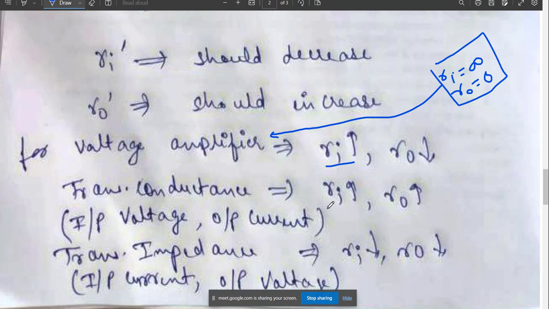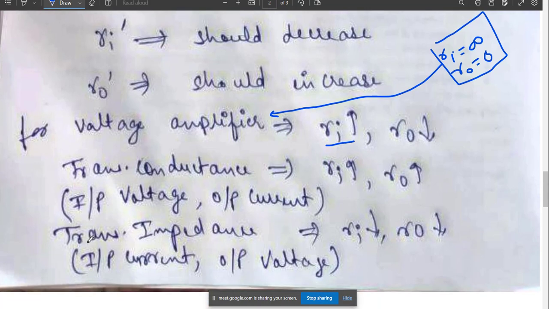Similarly, like the voltage amplifier, there are different amplifiers like the transconductance amplifier, where Ri is in series and Ro is in parallel. It will also try to reach ideal transconductance characteristics. Since input here is voltage, we give voltage as input and take current as output. Similarly, for transimpedance, Ri will decrease and Ro will increase with negative feedback. Any doubt till here?